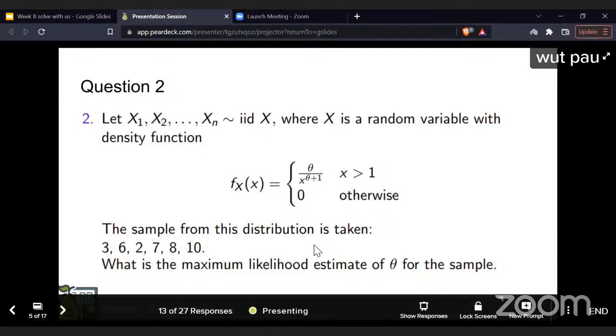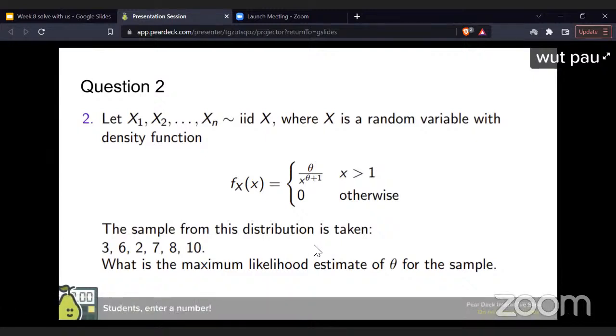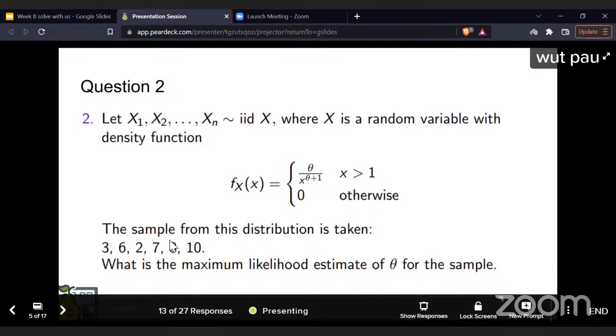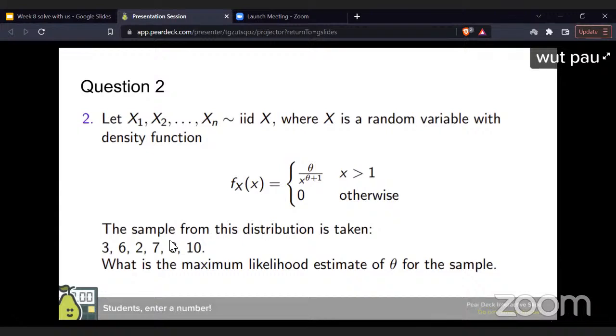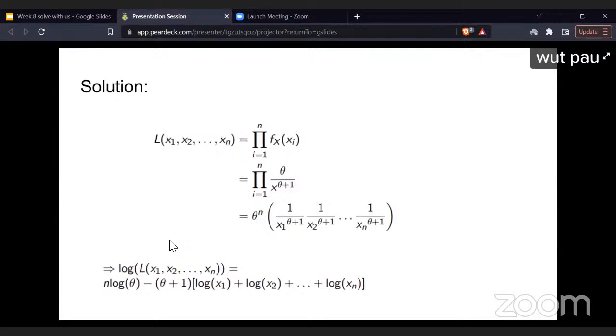So density function is given to you and you have the sample, okay? So the sample is 3, 6, 2, 7, 8, 10 and the density function is theta divided by x to the power theta plus 1 for x greater than 1. Now, we know that given a sample, the likelihood function is defined as product of the density function for each of the sample points.